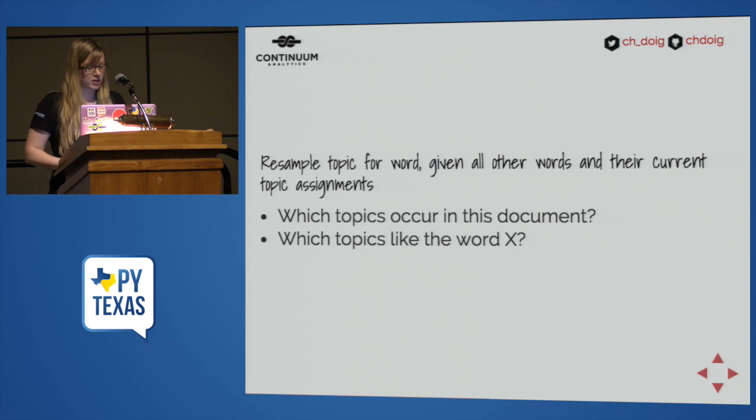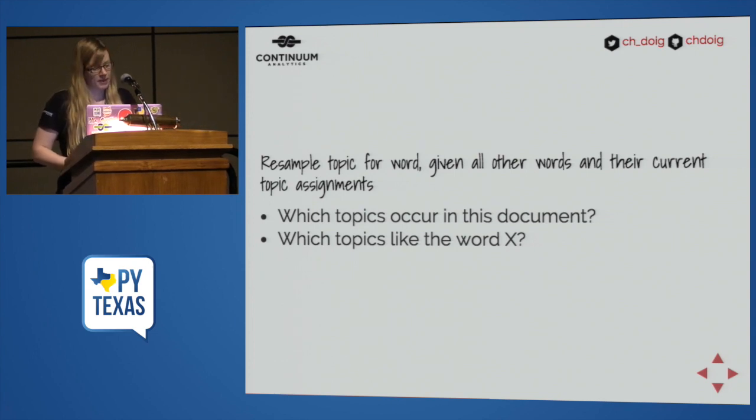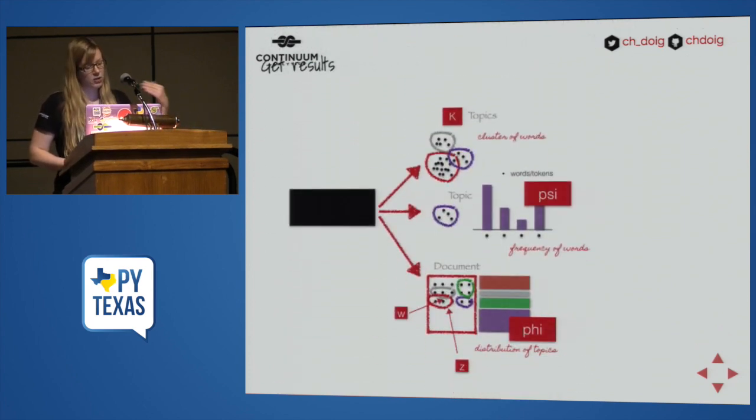And then the second question is: which topics like that word X? Based on these two questions, we can then make the assignment. And then you iterate over and over until you get to a convergence, and then you get back the results with theta and phi, the definitive distributions that are going to be output by your LDA model.